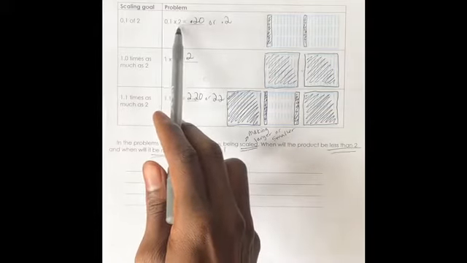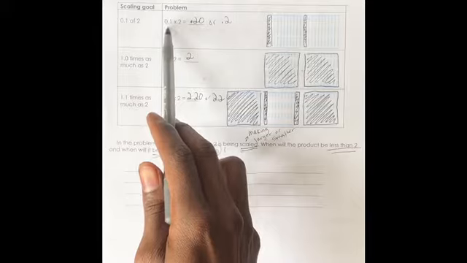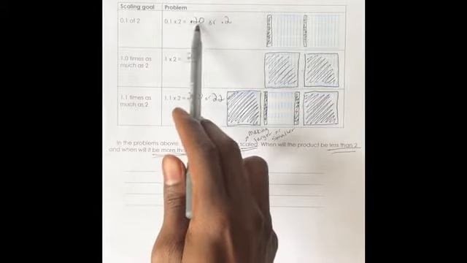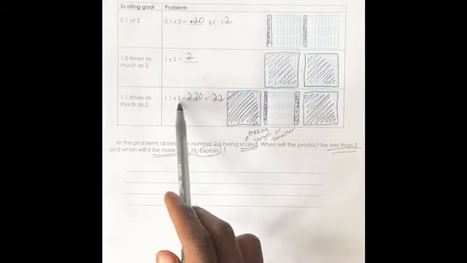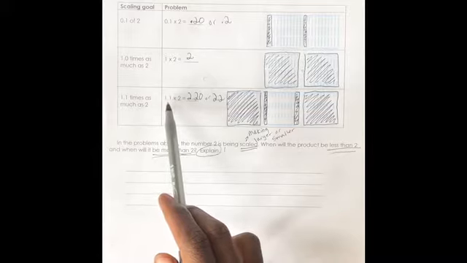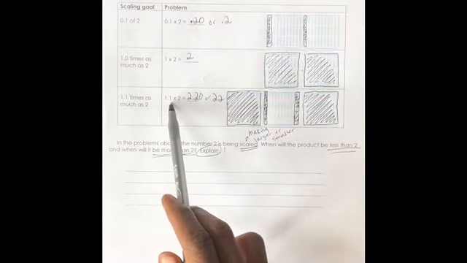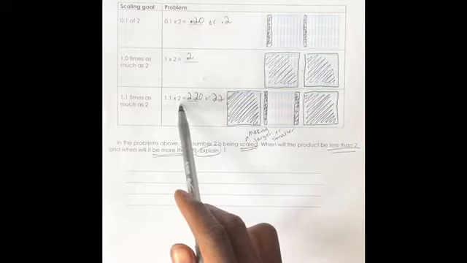In problem number 1, we see that when 2 is scaled by a factor of 1/10, our product is less than 2. And then we see in problem number 3 that when 2 is scaled by a factor of 1 whole number and a decimal fraction, 1.1 in this case, we see that our product is greater than 2.